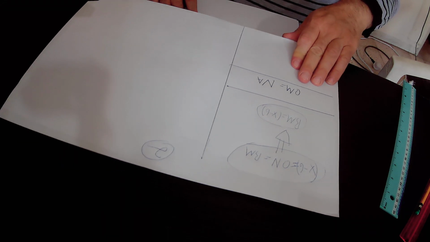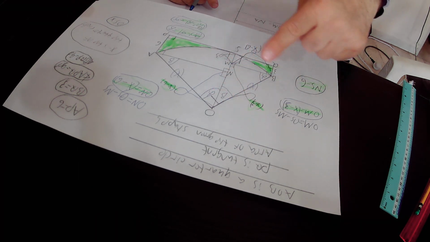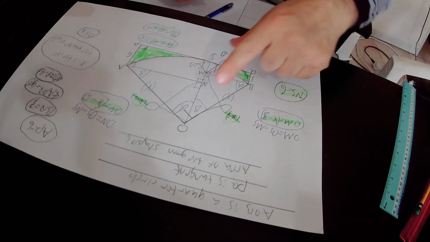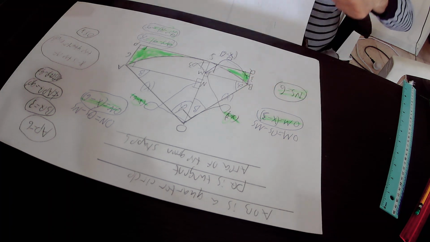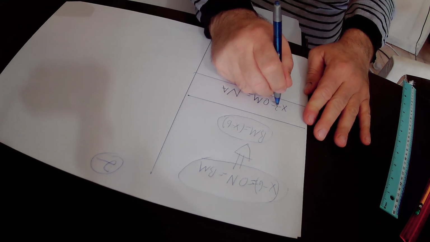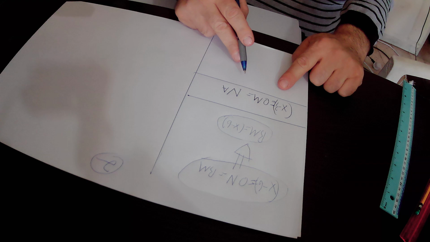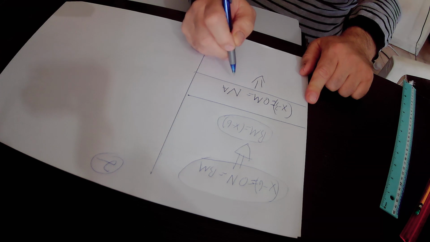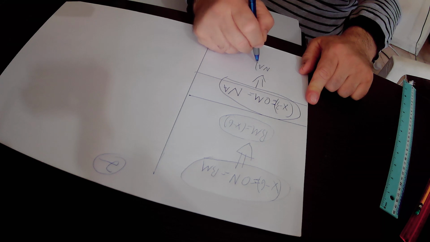But we have already found out that side OM is equal to x minus 3 units in its length. So I can write here that OM equals x minus 3, and from this equation, x minus 3 equals OM equals NA, we will derive that NA is also equal to x minus 3 units in its length.